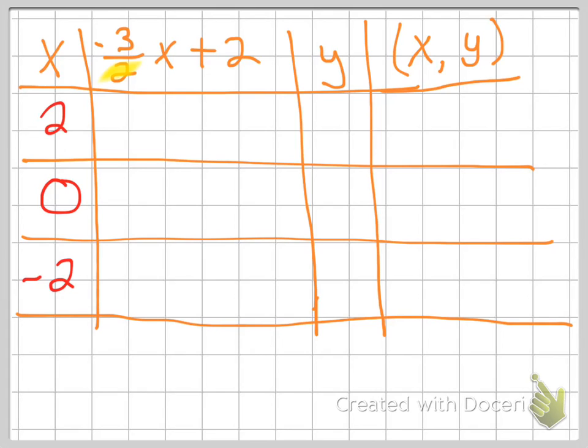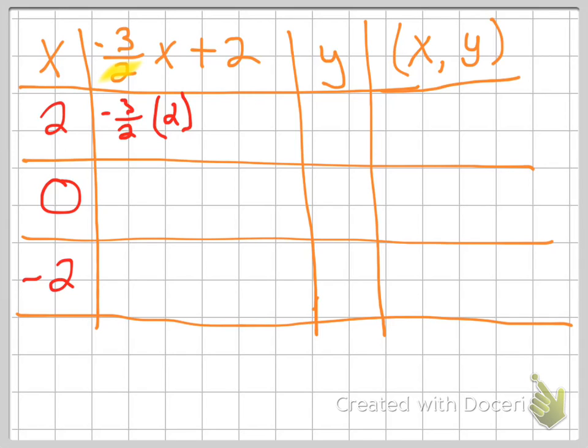The rest, I may specify what x values to use, but if you see the run is something other than 1, like in this case 2, I'm going to use the positive and negative version of that number, and all I'm going to do is just plug and chug. Negative 3 halves times 2.